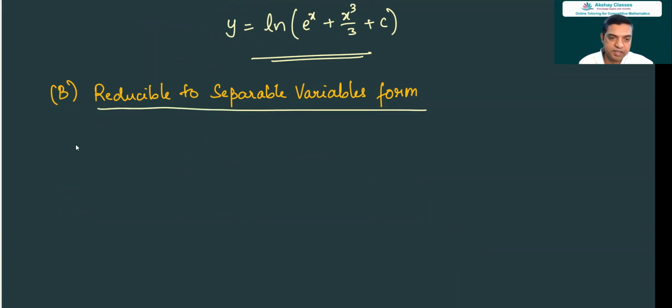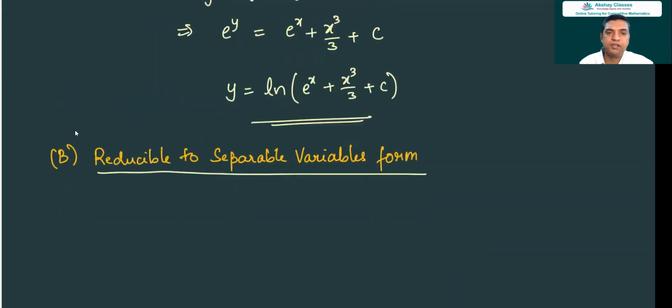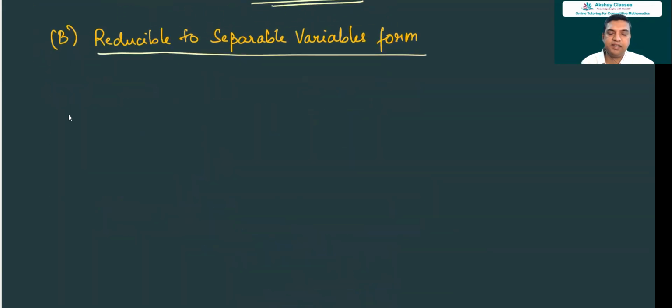So let's take an example. This was 3. Let us take this as 4. These are a little difficult, so I'll give a simple one.